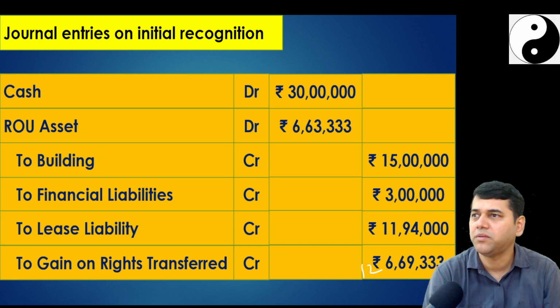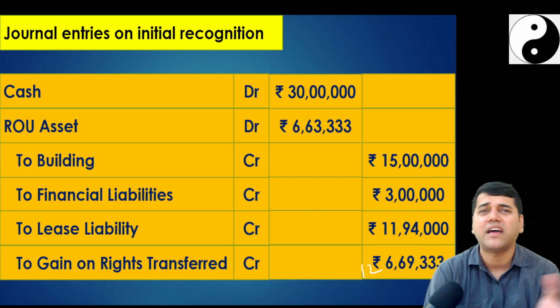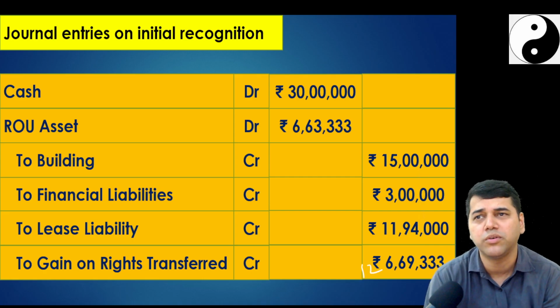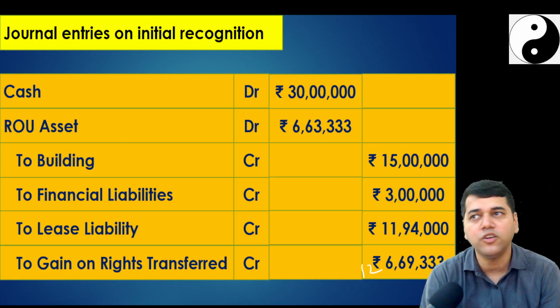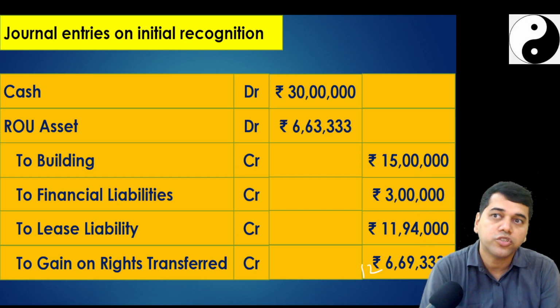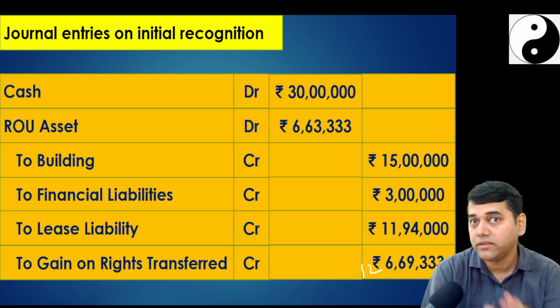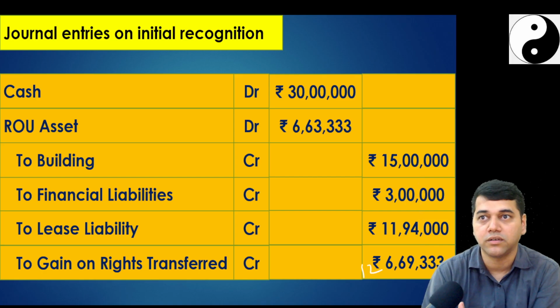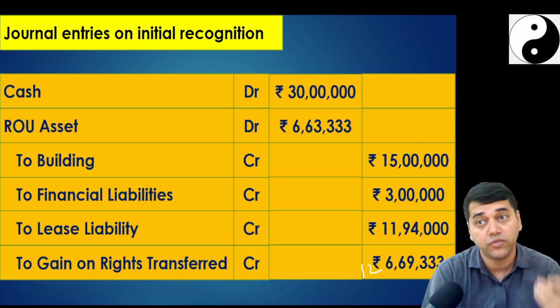And see, in this problem, there's only one question. For somebody, there are so many fair values of the building component, lease component, financing component. What is the idea behind this? It's very difficult to grasp with one problem without certain examples. This question comes in the examination. And since the problem is difficult in the study material, and the logic is very difficult to figure out, the probability of this problem coming as it is in the examination is very high.